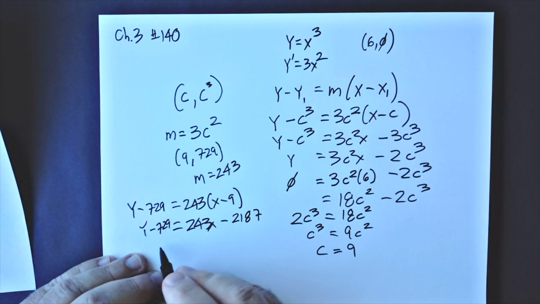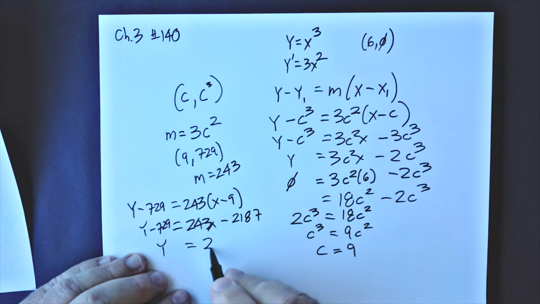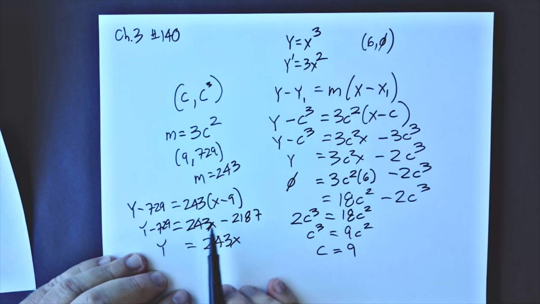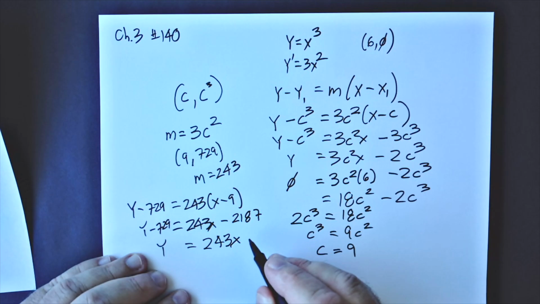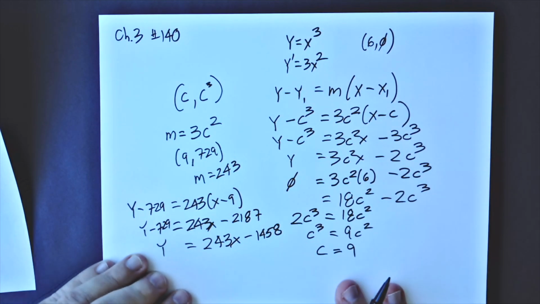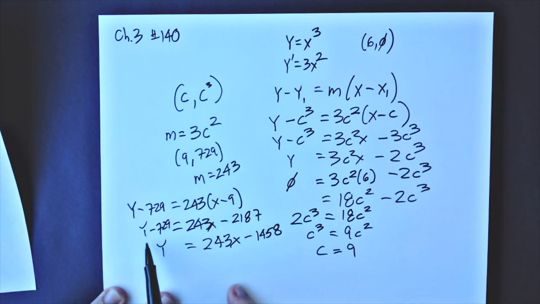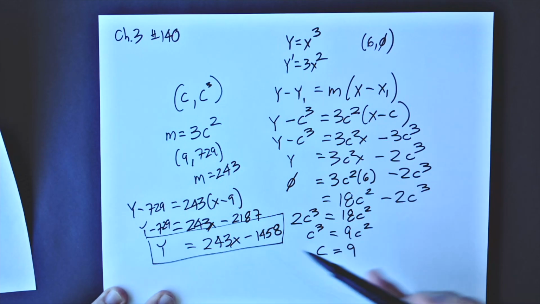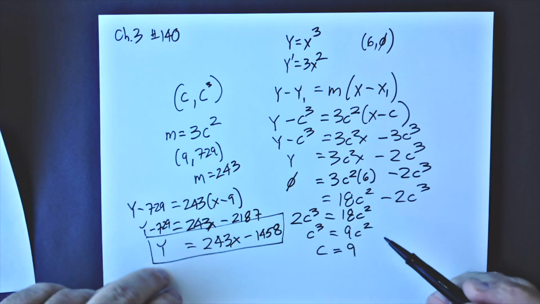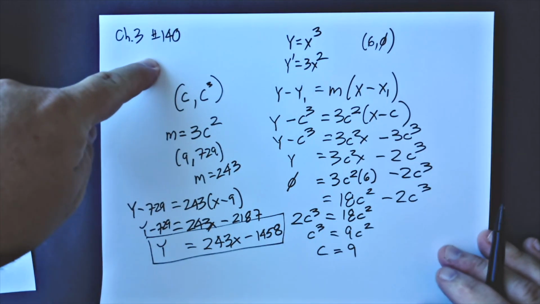And then add that 729: 243x minus 1458. And there's my equation. I can't remember if it asked for the equation of the line, that's it, or if it just wanted the x value that works with that. And that's infamous problem 140.